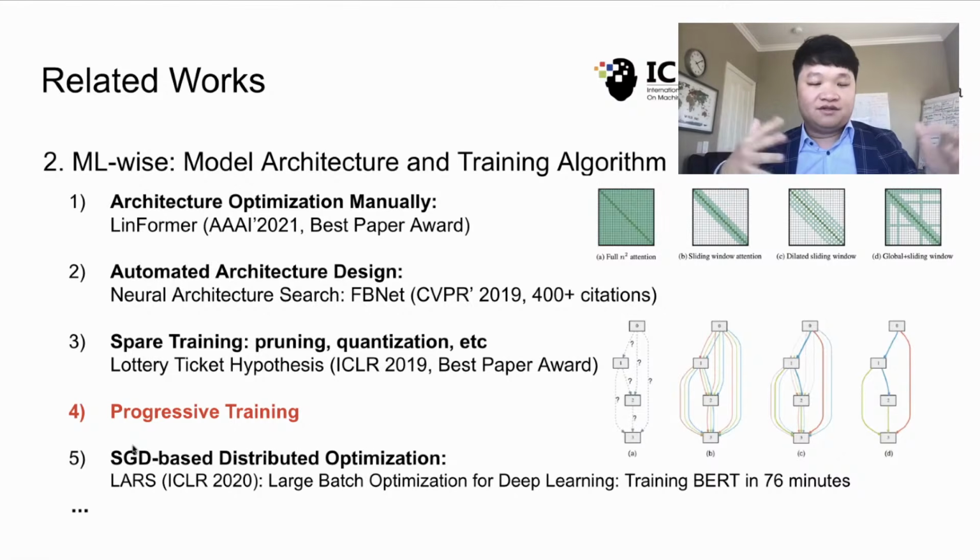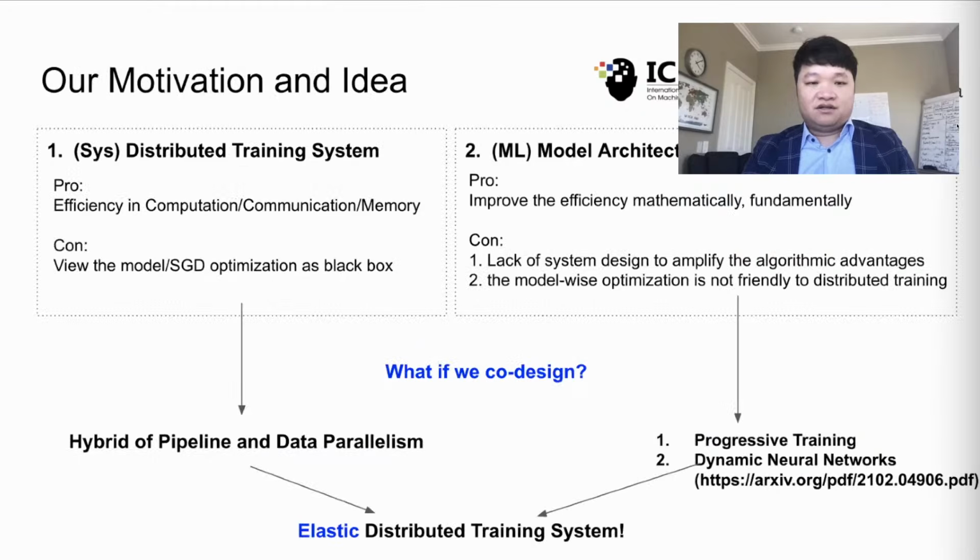We can also think about how to design distributed training algorithms. But all this line of research is mainly focused on the machine learning side. It's mathematical work that tries to improve the accuracy and trade off the efficiency. So in this paper, we think differently.